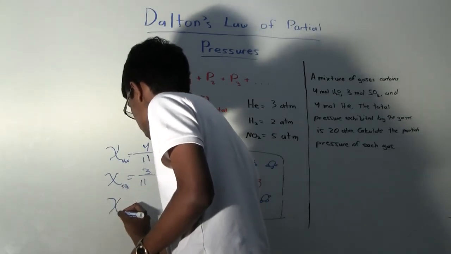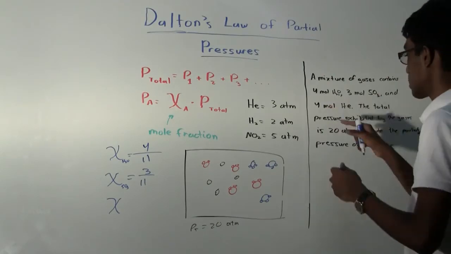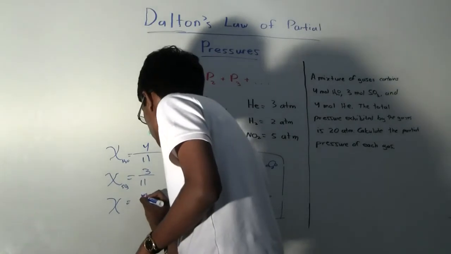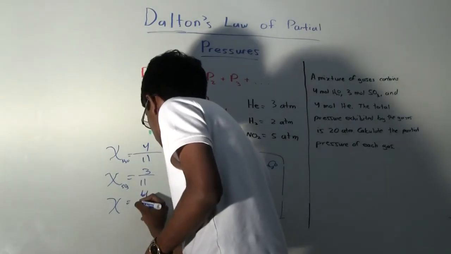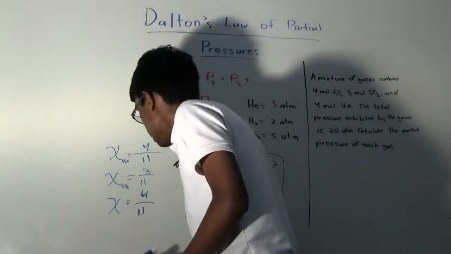I cannot draw this X. It's so bad. Okay, and then the mole fraction for helium is going to be the moles of helium, 4, divided by the total moles of gas, which is 11. Okay, so we're here.